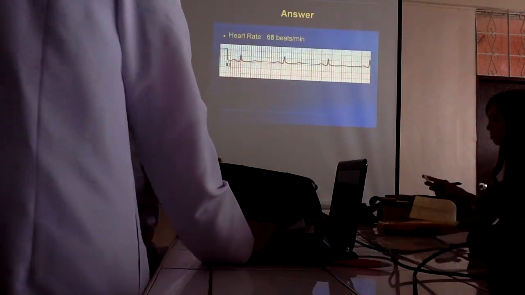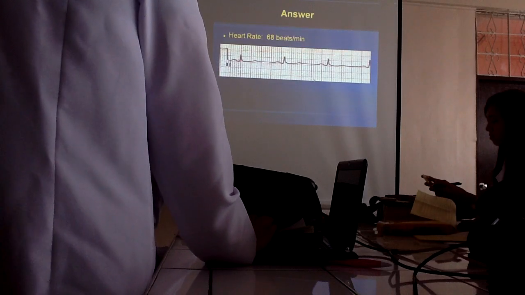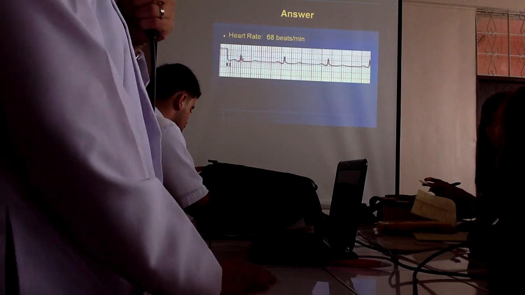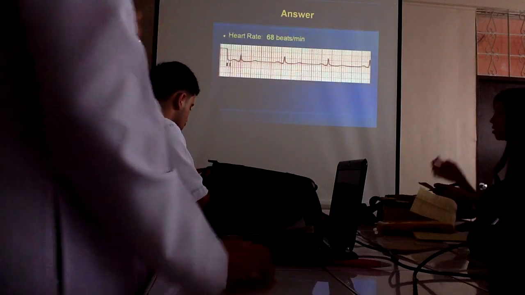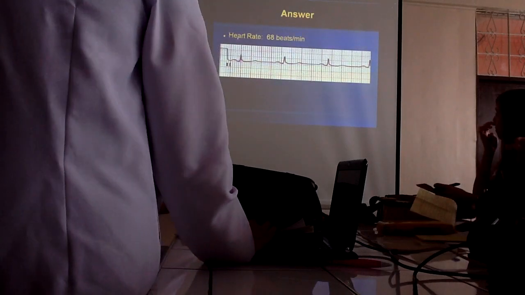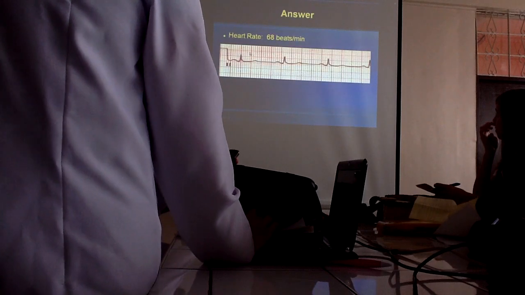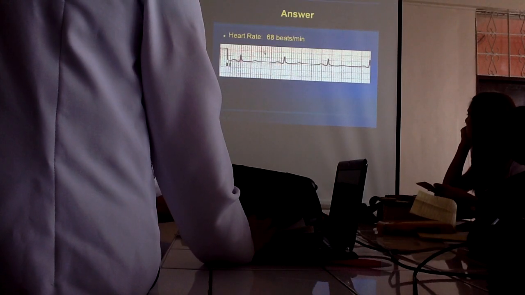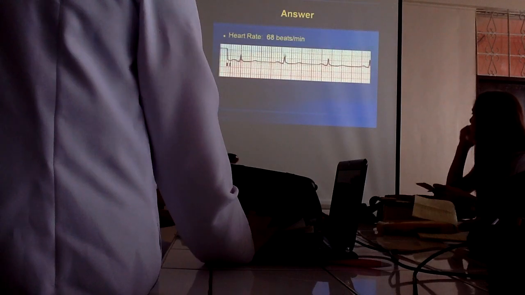Your answer is 68 beats per minute. Why? Using the square method, there are 5 small squares in one big square, right? So you count the big squares: 5, 10, 15, 20, 21, 22.